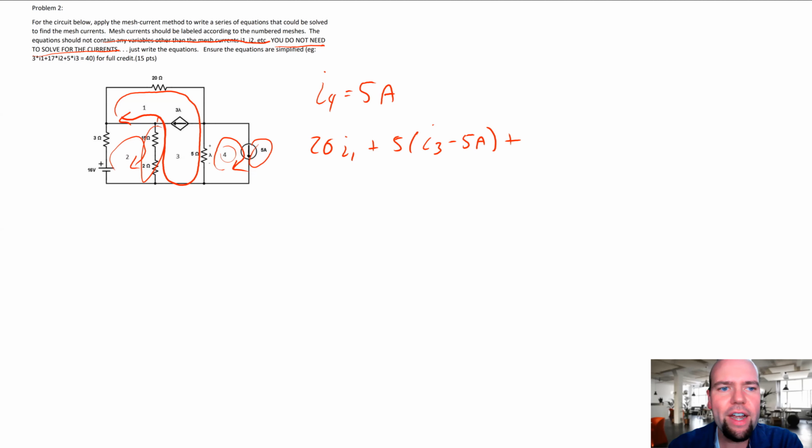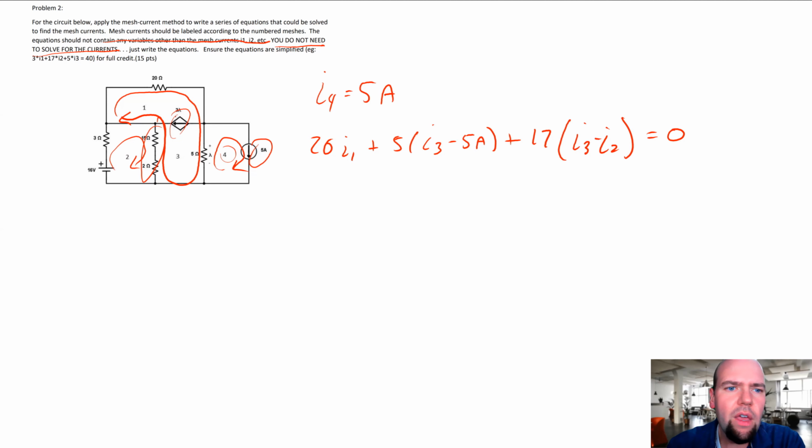So I'll probably just do that right now. I could have done 2 and then the 15, but the math is going to immediately work out the same to be 17. So 17 times I3 minus I2, and that's it, equals 0. Now we can't forget that we did a super mesh, so we're going to have to come back and write this equation relating these two currents together, but we'll do that later.